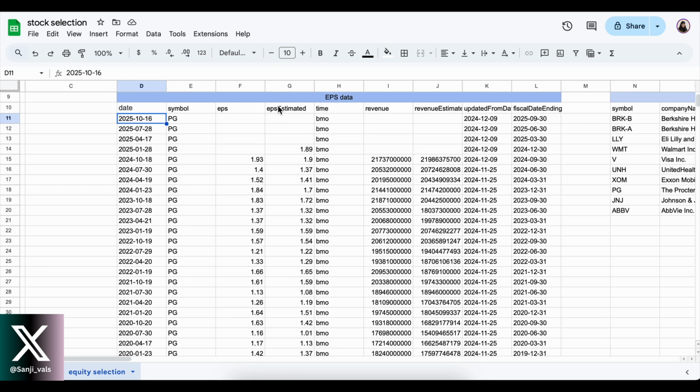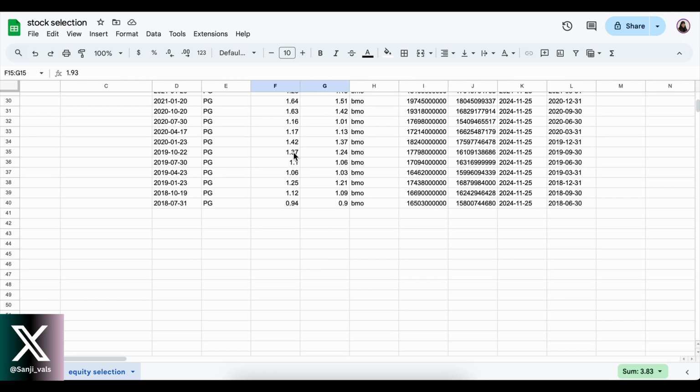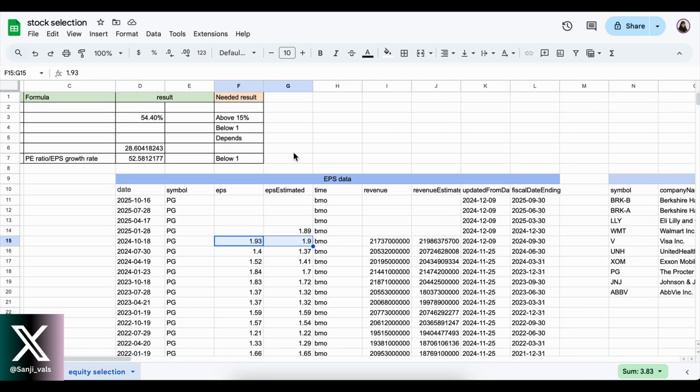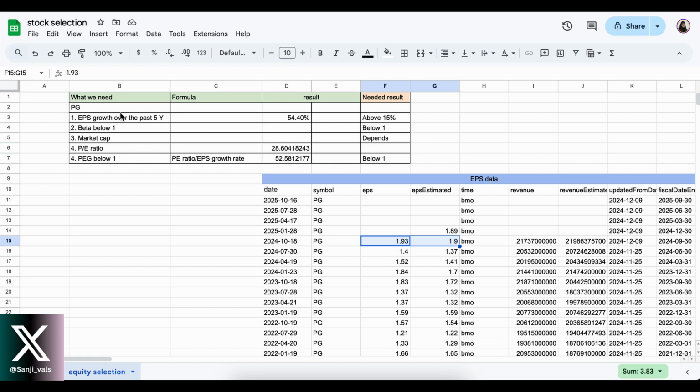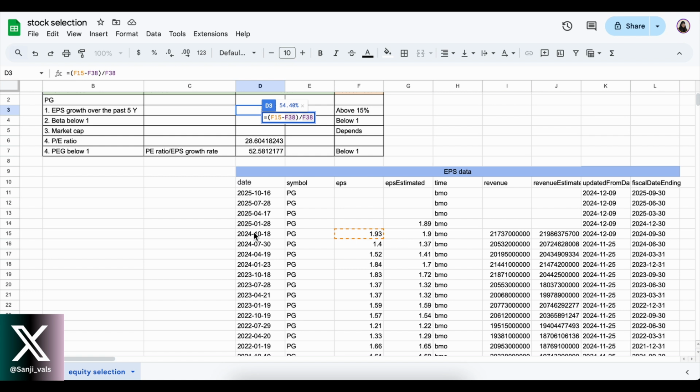As you can see, here is the EPS actual and EPS estimated. Those fields are blank because companies still didn't report yet. These years are still to come, and these are the most recent years. We will be taking those numbers for our analysis. And we extract EPS data to calculate the EPS growth over the past 5 years. That's a simple formula. We're just taking the percentage change.